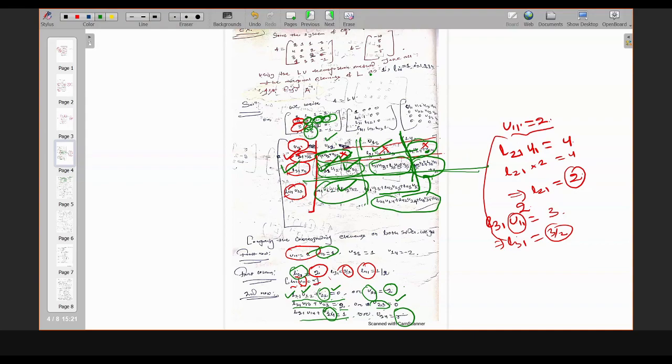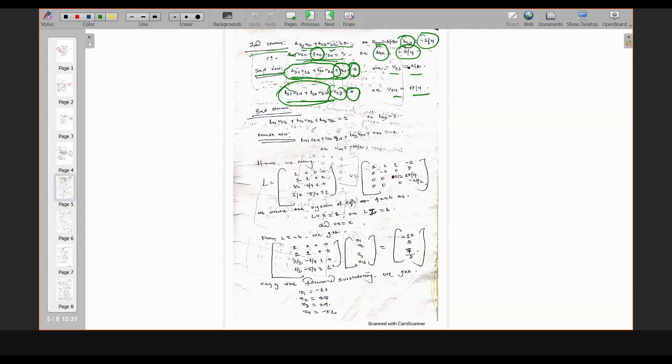So in the third column, you can see you already compared this and this. So you have only these elements you need to compare. This element you need to compare with this, which is 2. That is the last element of the third column. So in the third column only one element is compared, and this element is equal to 2. From this you can see what the unknown will be. The unknown will be L43. So L43 is equal to 2.